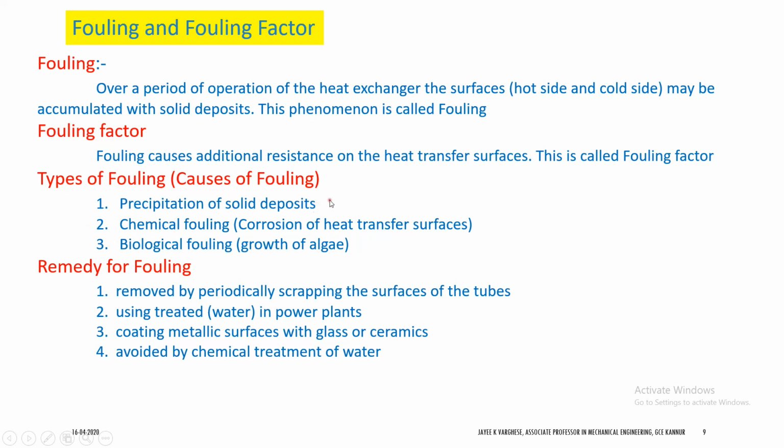The fluids, water or other fluids, will be contaminated with some solid particles, or maybe flue gases will be contaminated with ash particles. In these cases there will be deposits on the surfaces of the fluid passages. This is called precipitation of solid deposits.